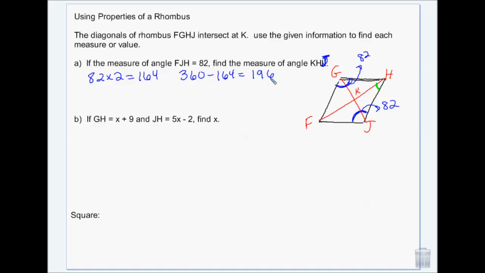So all of angle F and all of angle H will equal 196, so I need to divide that by 2 to get 98. So this whole thing is 98. But remember, we just want the green part, that's this half. So I do 98 divided by 2, and I get 49 degrees.